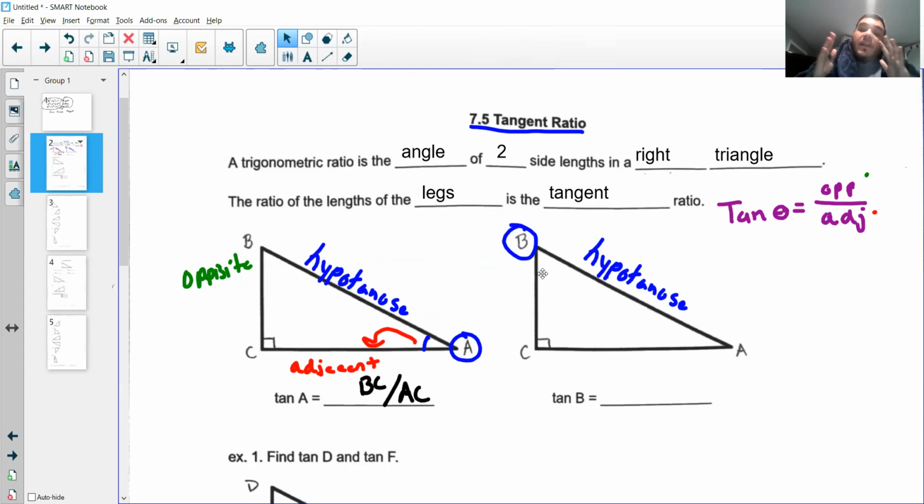But because I'm talking about angle B, my opposite is going to be opposite of angle B, which would be across AB, which is CA. And my adjacent, the side next to angle B, is going to be BC.